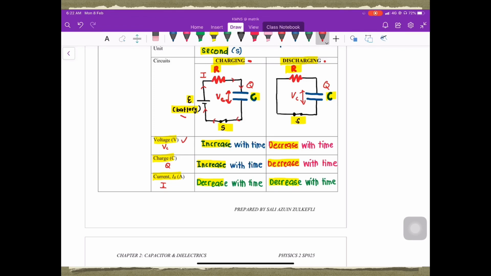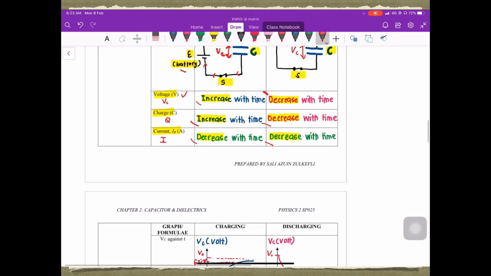During charging, the voltage across the capacitor increases, the charge increases, but the current decreases. During discharging, the voltage across the capacitor decreases, the charge on the capacitor decreases, and the current through the resistor decreases.